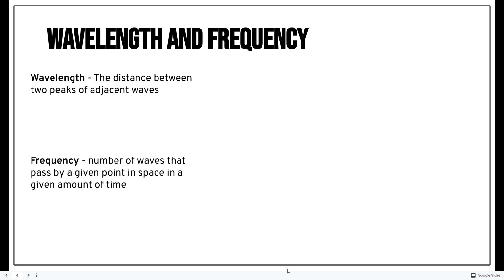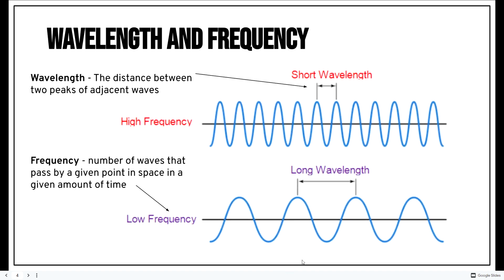So wavelength and frequency. These are two terms you have to understand. Wavelength is the distance between two peaks of adjacent waves. So at the top here, you can see this blue line with these really close together waveforms. This squiggly line is a waveform.